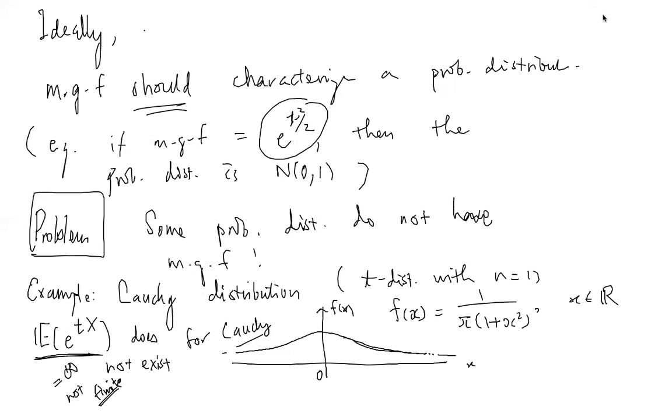Okay, so let's look at this. For the Cauchy, the moment is the integral of x pi 1 plus x squared dx, right?